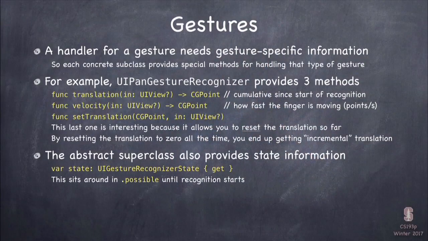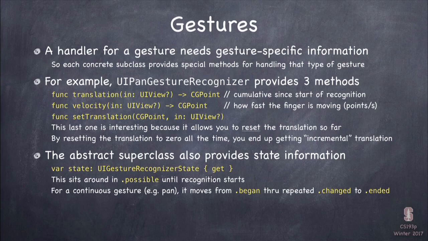Now, the abstract superclass UIGestureRecognizer, even though you don't make one, it still is the superclass of these things, and you do inherit especially this one very important var called state. And the state tells you the state of the gesture, how it's being recognized. So all of these gesture recognizers start out in the state possible. It's possible this gesture could happen. And then once it starts, if it's a continuous gesture, like a pan or a pinch, you go to the state began.